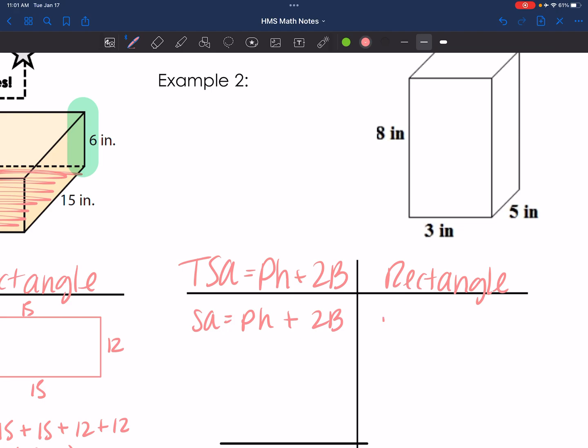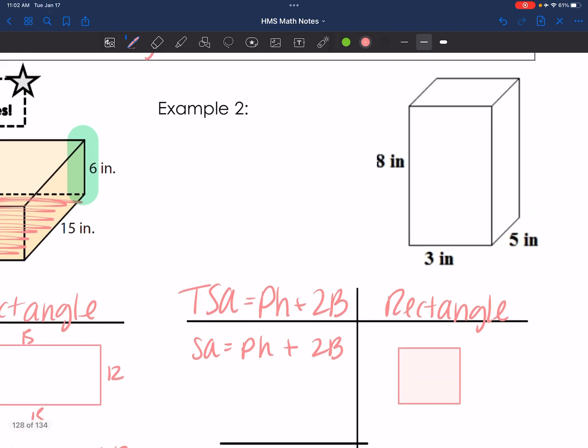I know I'm dealing with a rectangle, so I'm going to draw the shape or the base of the rectangle. It's okay. So what is my base? My base is usually what it's sitting on if it's not labeled.